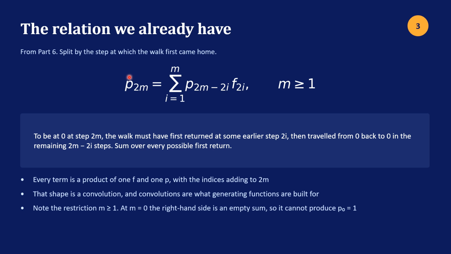Basically, all the different possibilities of the first return being 2, 4, 6, 8, and so on steps. So that's what this is here.